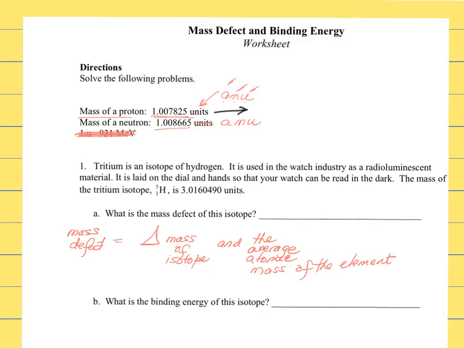Okay. So you have a problem over here. Tritium is an isotope of hydrogen. And over here, you have what they call a nuclide, and I call isotope notation. Karim, this is my isotope notation.